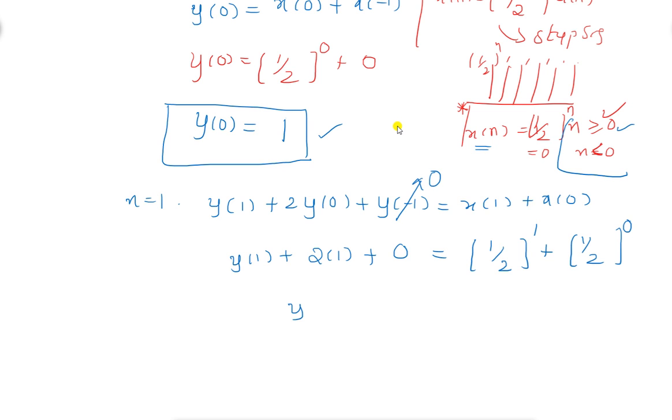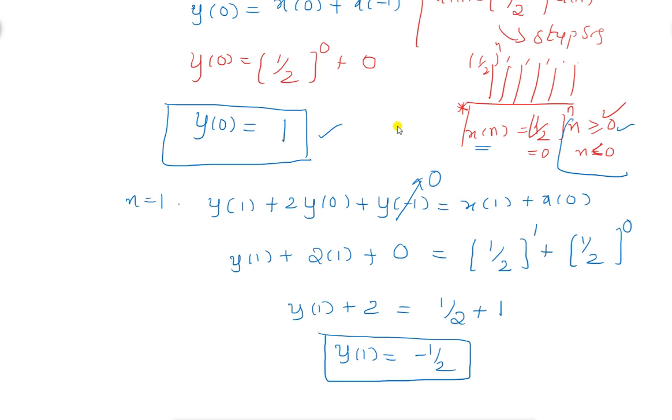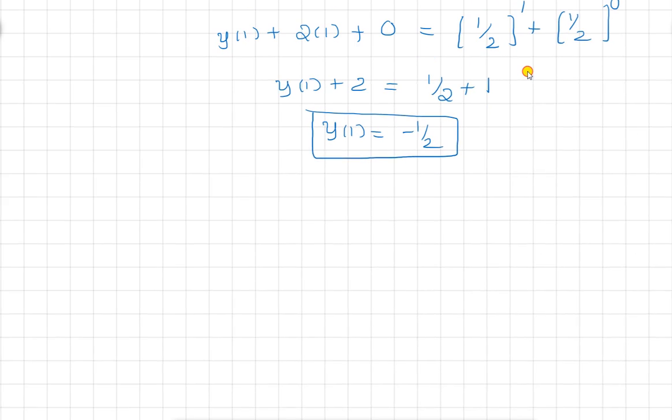So y of 1 plus 2, again 1 by 2 plus 1. By solving, y of 1 is equal to minus 1 by 2. So this is another value we got. We determined the y naught value, and we determined the y of 1 value.